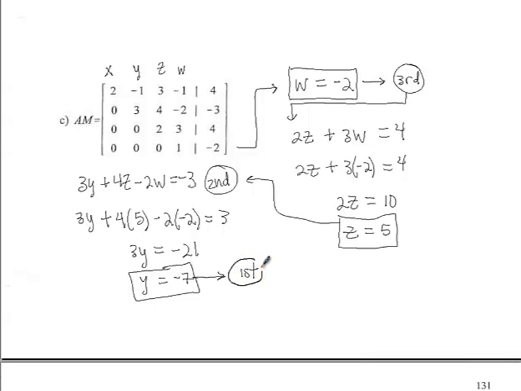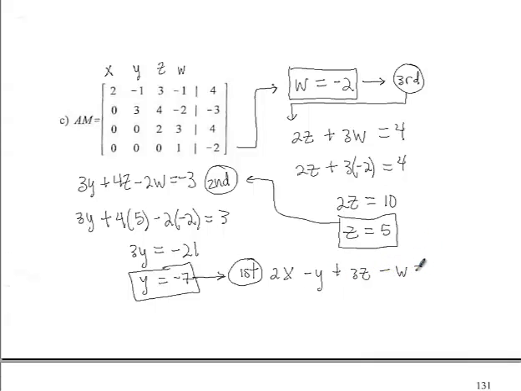And now we're ready for our first equation and to solve for our x variable. For our first equation, the x has a coefficient of 2, Y has a coefficient of -1, Z a 3, and W a -1.